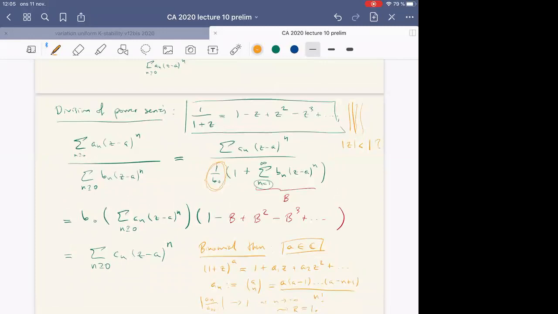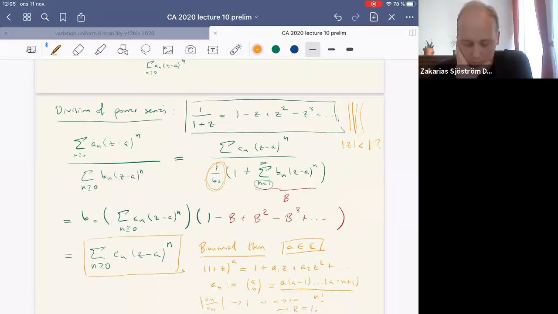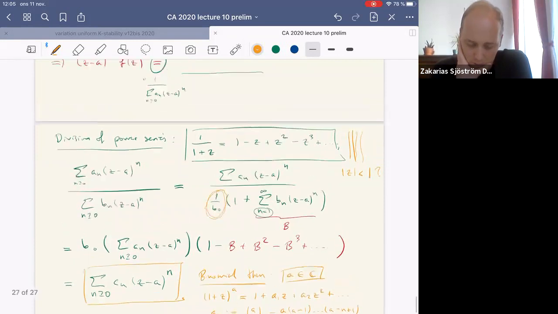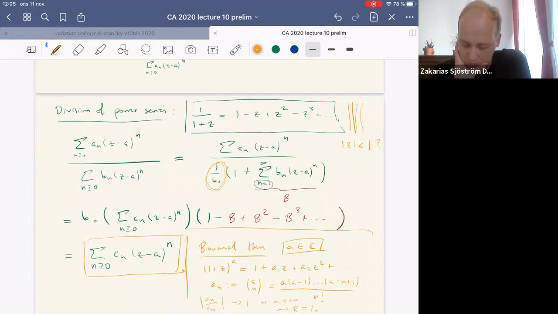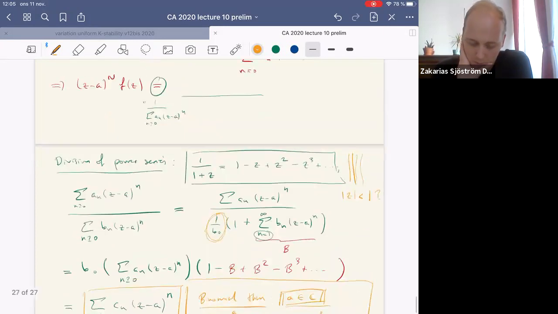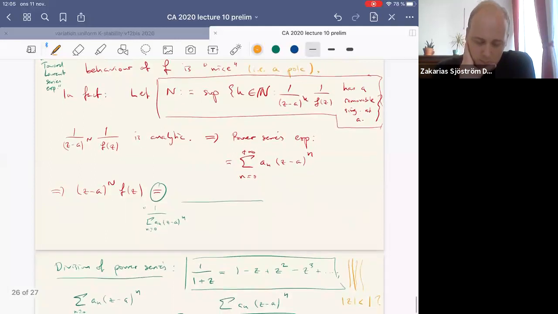Okay. So anyway, the point is that you get this kind of power series expansion in a suitable way. And you should remember this binomial theorem, by the way. It's useful to know that it exists also for complex numbers. Now what did I want to write here?